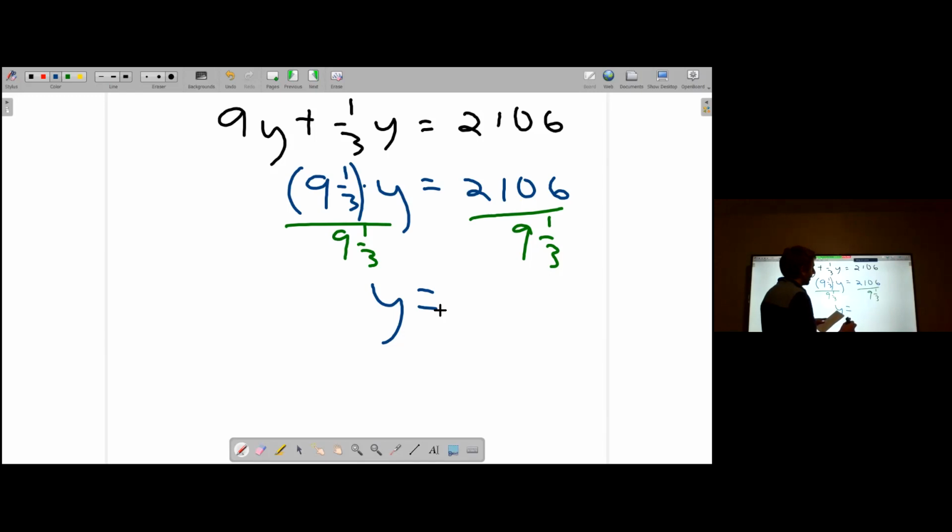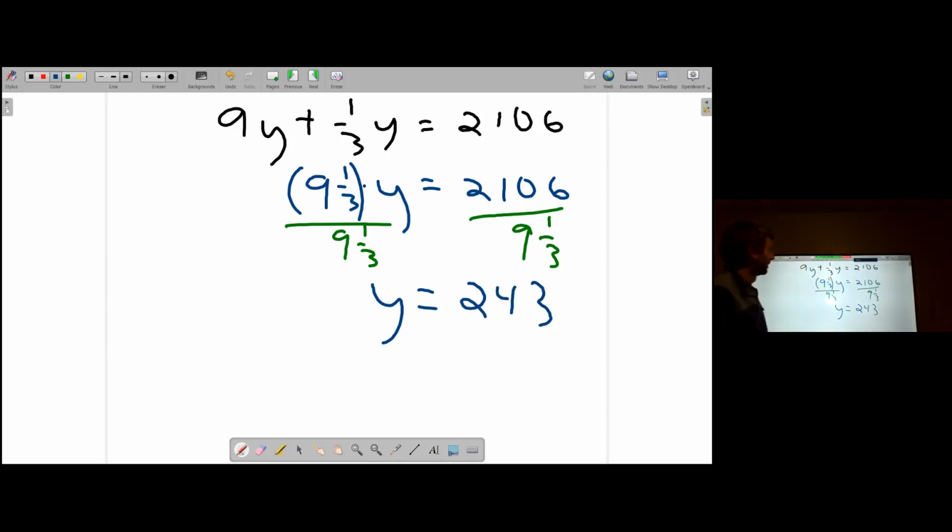I think it's supposed to be 243. Okay. So sorry, I did not have my calculator. I hope that's what it's supposed to be. Apologize if this video turns out to be wrong at this point, but anyway, you get some number there. And that's your solution for y.